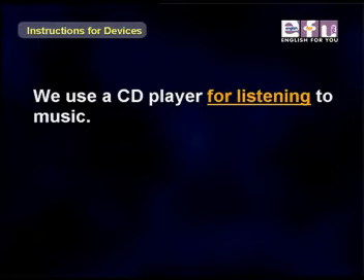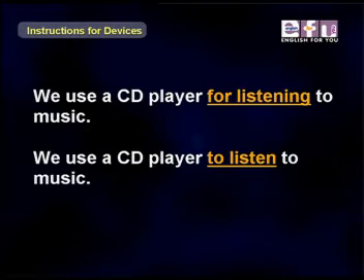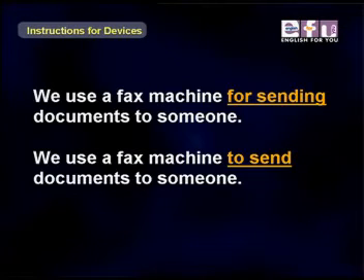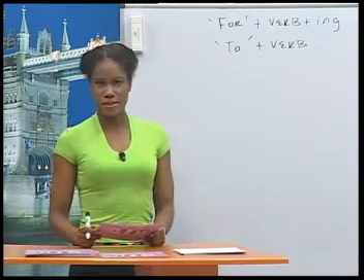We use a CD player for listening to music. We use a CD player to listen to music. Next examples. We use a fax machine for sending documents to someone, same as we use a fax machine to send documents to someone.